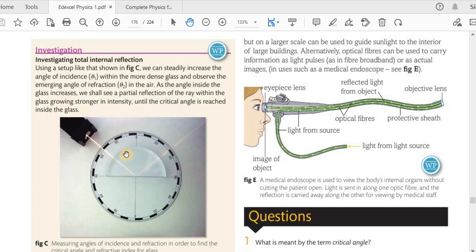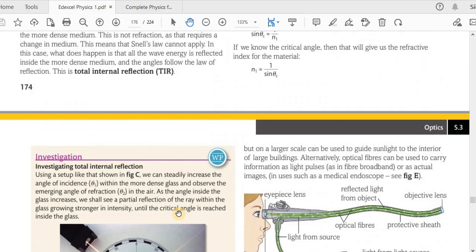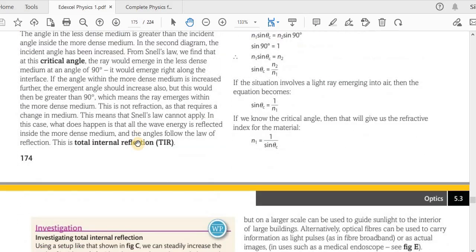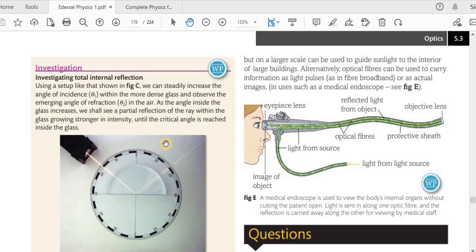So we start with a small angle, and you will also see refraction, something like what we saw in the picture here. But when we gradually increase the angle of incidence, and it is equal to the critical angle, the refracted ray goes along the interface, and if you continue to increase it, you will have total internal reflection, no refraction. As the angle inside the glass increases, we shall see a partial reflection of the ray within the glass growing stronger in intensity until the critical angle is reached inside the glass.